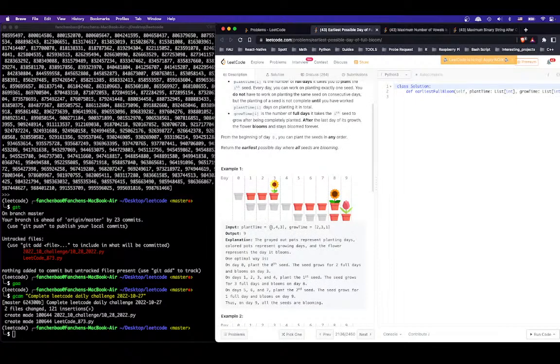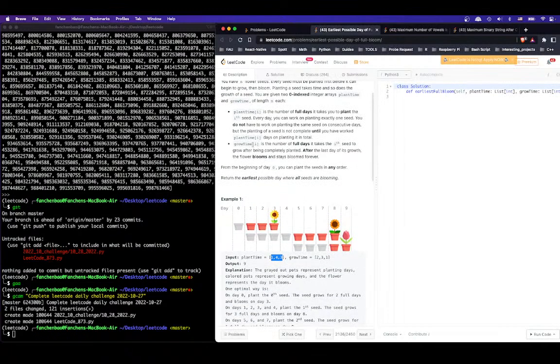So, plantTime 1, 4, 3. So if you plant this, it takes 1 day and then, what's the second one? Growth time. Oh, wait, hold on. This is the second seed. My bad. So the first seed is 1 day to plant and then 2 days.